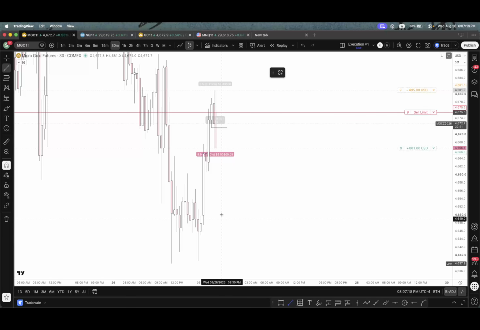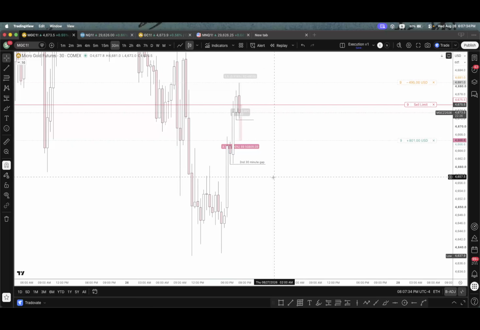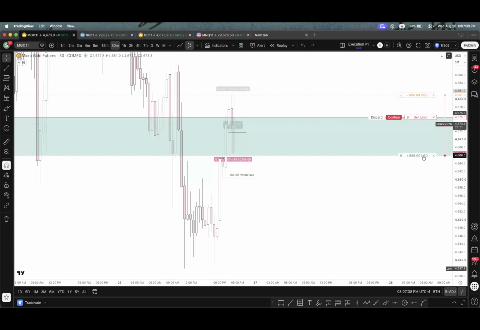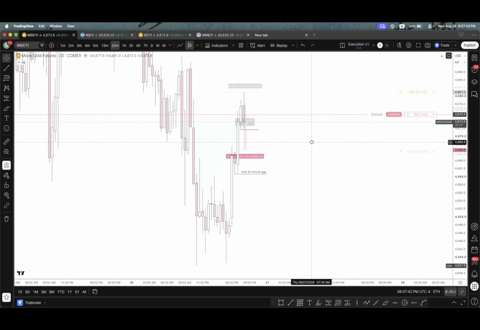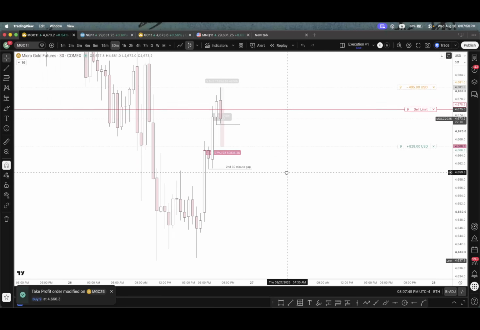Well, the main target is going to be right here. This is the second 30-minute gap. So I'll probably do something where this is going to be my main target.